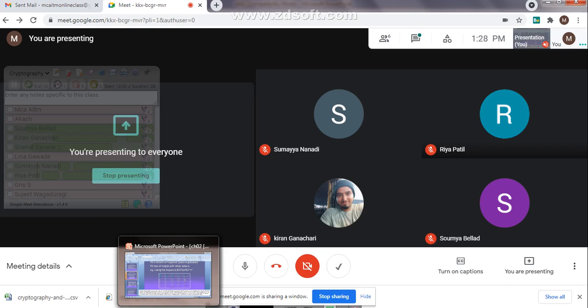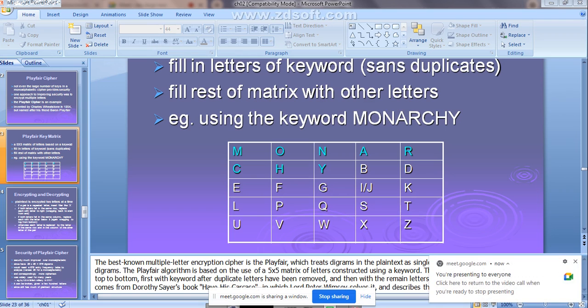The plain text will be converted into cipher text by encrypting two letters at a time using the following rules. We will see now what all the rules are.